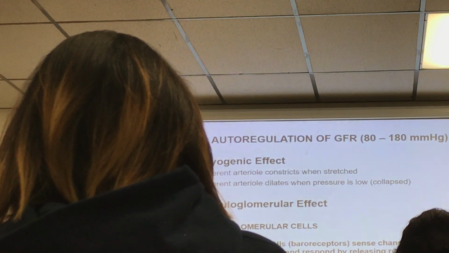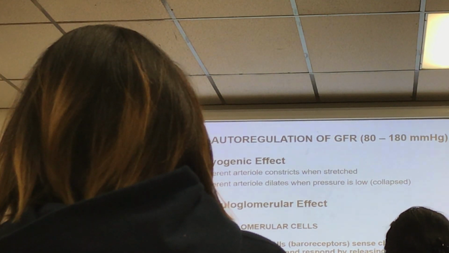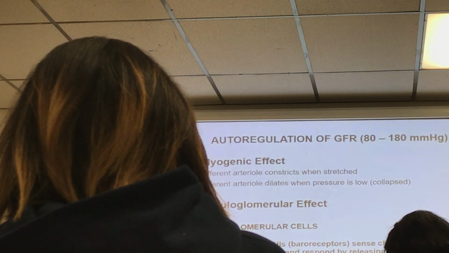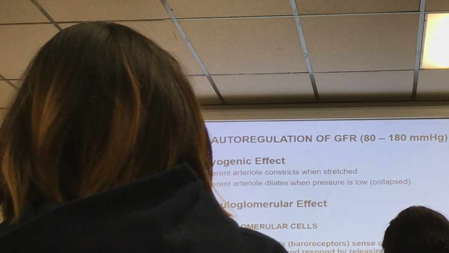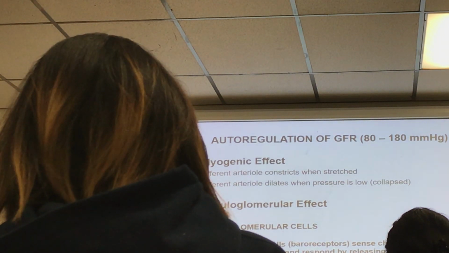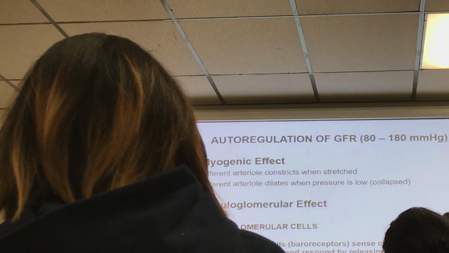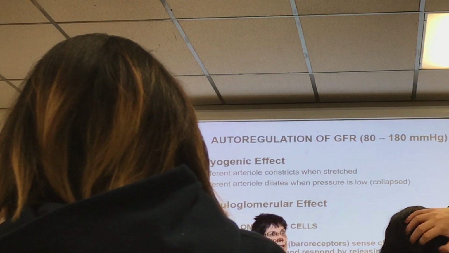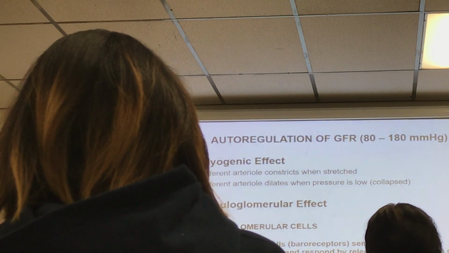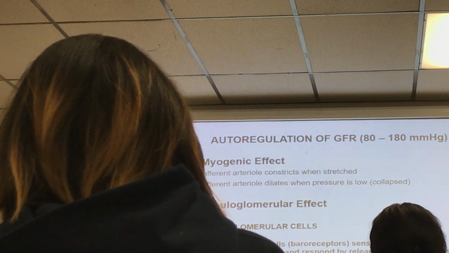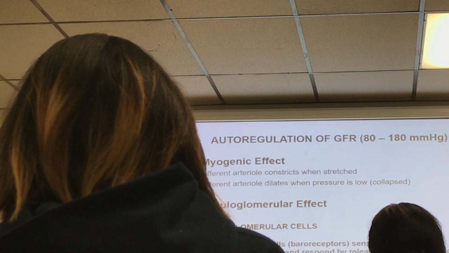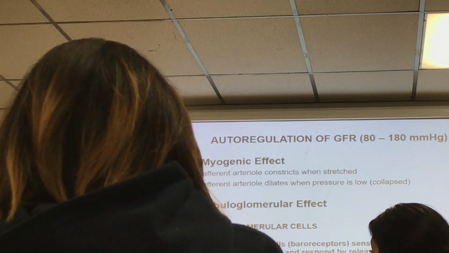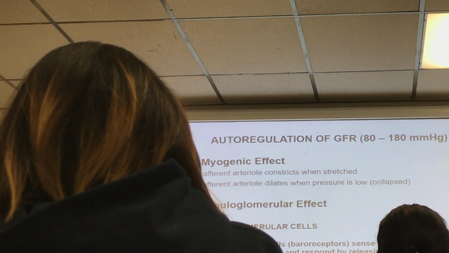If blood pressure within the afferent arteriole is low, they dilate to encourage more flow into the capillaries. Okay? So constriction of afferent arteriole decreases glomerular flow. Dilation of afferent arteriole increases glomerular flow. Okay? Like if I have a small tube, I can't put very much through it. If I have a larger tube, more fluid can flow through that. All right, so that's what's happening in A.